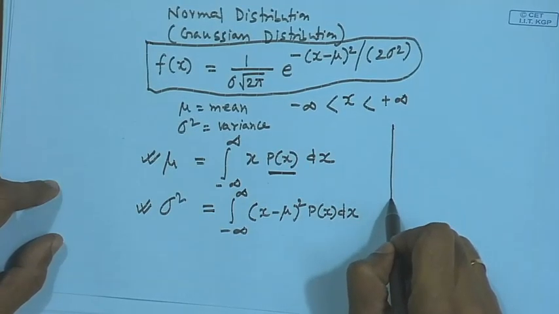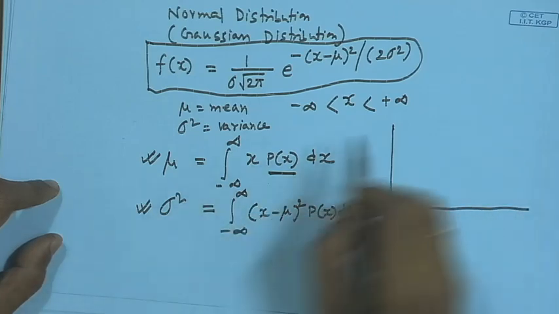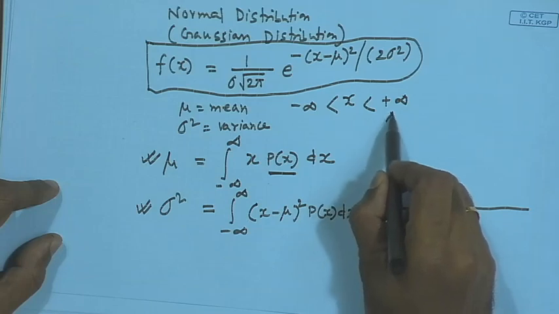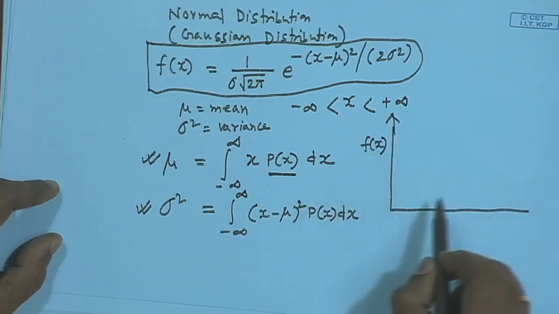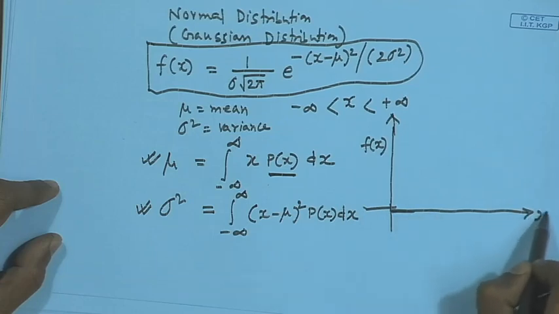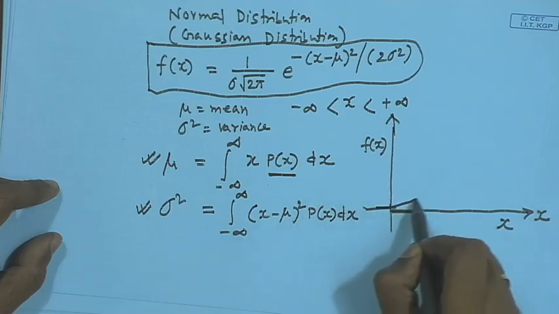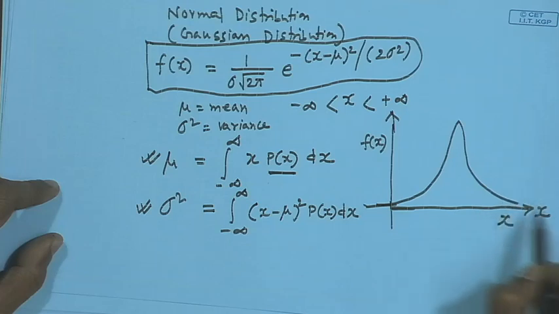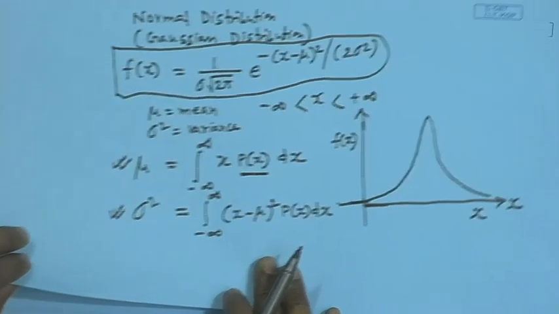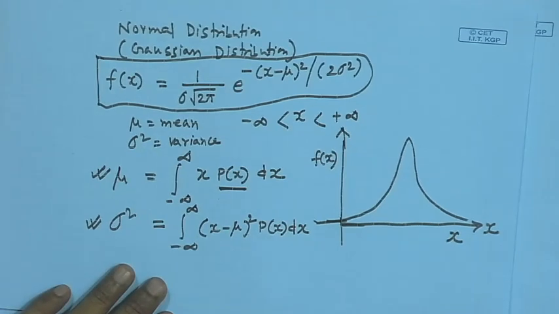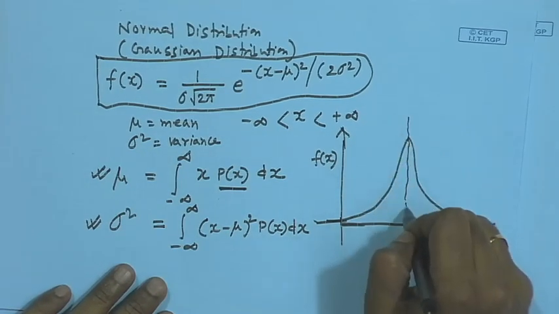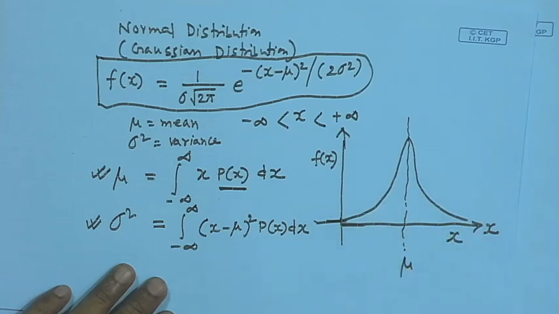Now, we can have a Gaussian distribution like this.